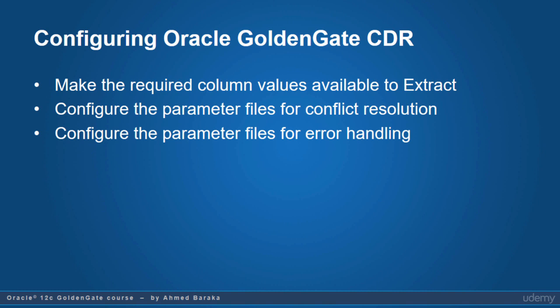Typically, you define which columns to be used for detecting the conflicts and how to respond to conflicts when they happen. Finally, it is recommended to write code in the parameter files to handle the errors that could happen but are not handled by the CDR. You will learn about this point in a separate lecture.